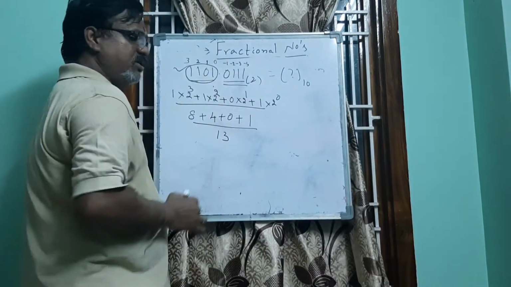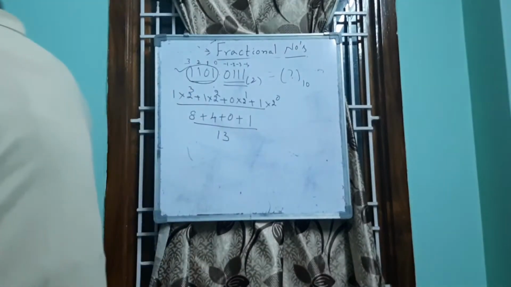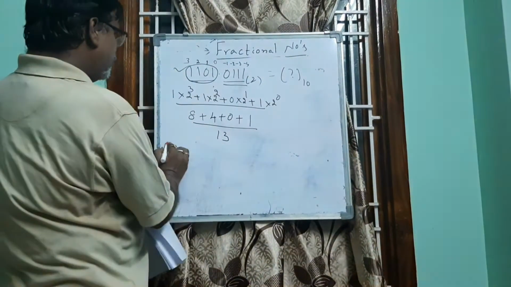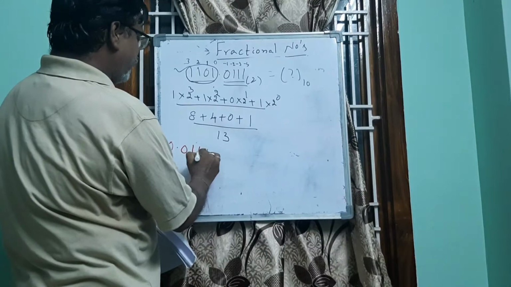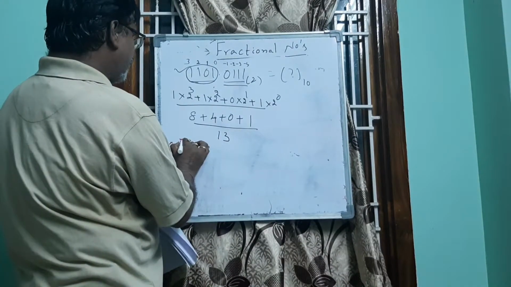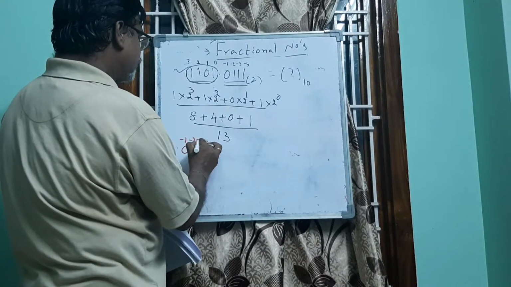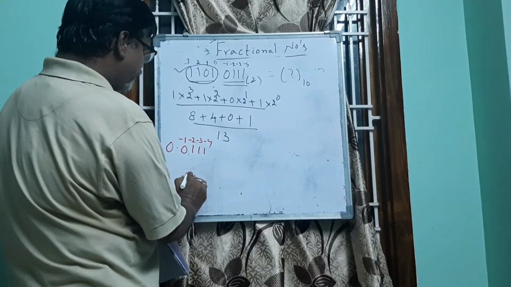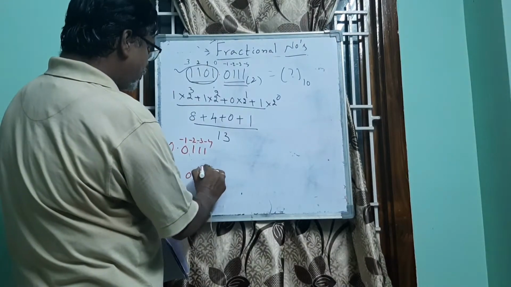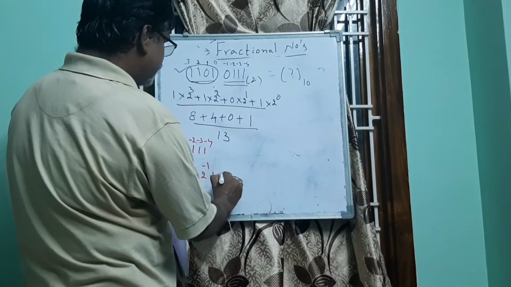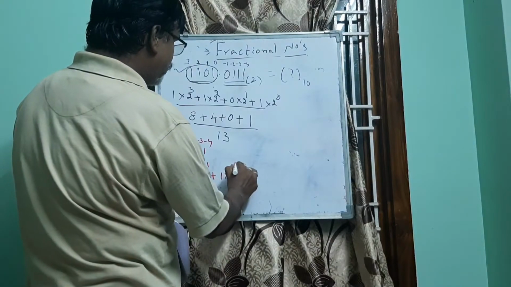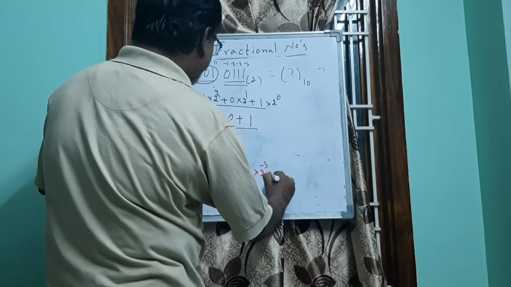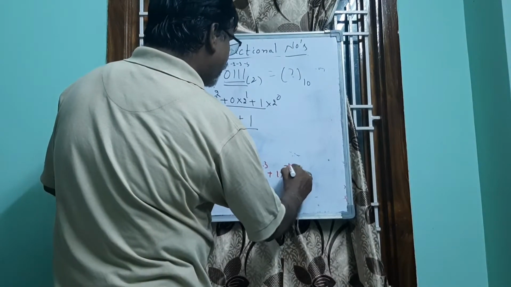So what about the fractional part? It is the same. Here you take 0.0111 given. Here it is -1, -2, -3, -4. So 0 into 2 power -1 plus 1 into 2 power -2 plus 1 into 2 power -3 plus 1 into 2 power -4.